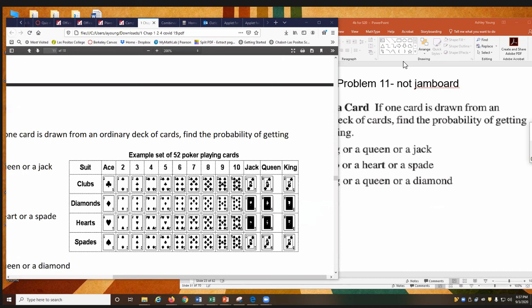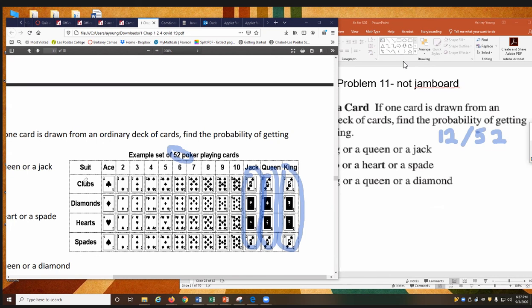So let's see. Here are the kings. Here are the queens. Here are the jacks. So what do you guys come up with? Looks like there are 12 of them out of how many? 52. It says at the top, 52 playing cards. That's the top one. Now, the next one is, what's the probability that it is a heart or a club or a diamond?